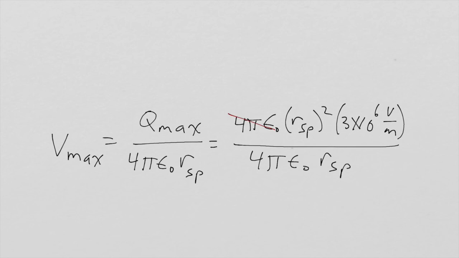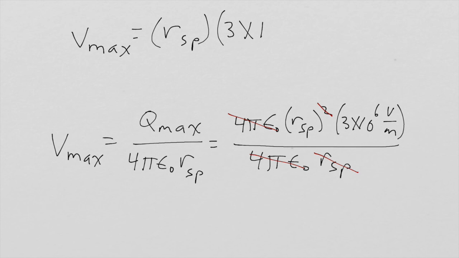So the 4 pi epsilon sub 0's cancel. One of these radii in the numerator cancels with the one in the denominator, and so we get for the maximum voltage that we can obtain the radius of the sphere times the dielectric breakdown strength of air, 3 times 10 to the 6 volts per meter.